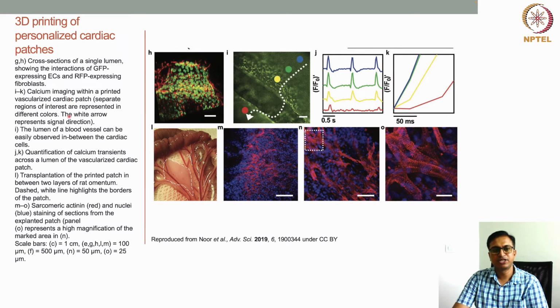The calcium imaging with the printed vascular patch. The separate regions of interest are represented in different colors. Here, with calcium imaging, we can see the different parts of the patch where they did the calcium imaging.